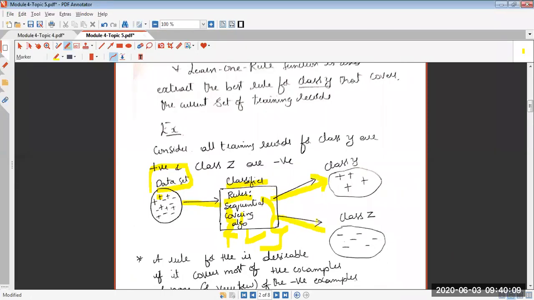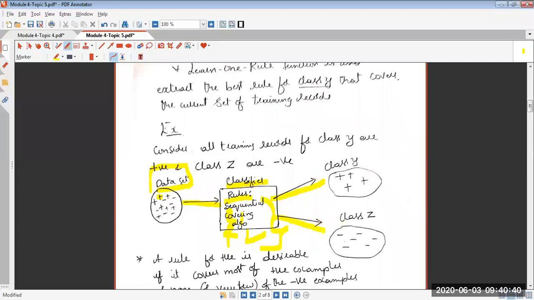If it is a positive record, it will be pushed into class Y in my example, and if it is a negative record, it will go and sit inside class Z. Once again, in the direct method, the classifier will build the rules directly from the database, and these rules can help us distinguish the data into different classes.